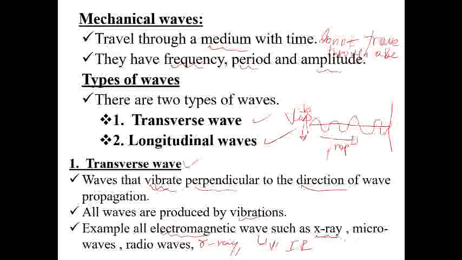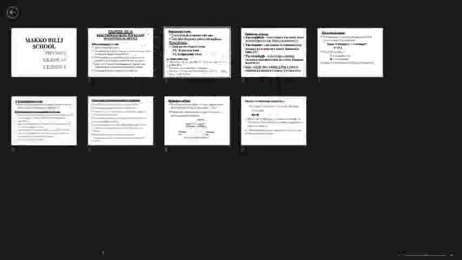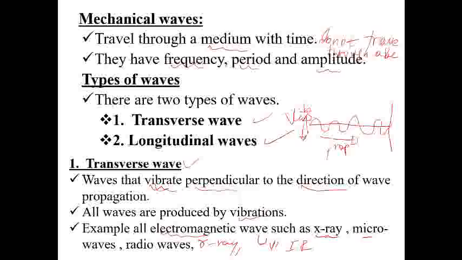There are 7: 1, 2, 3, 4, 5, 6, 7. Therefore, these are the electromagnetic waves.